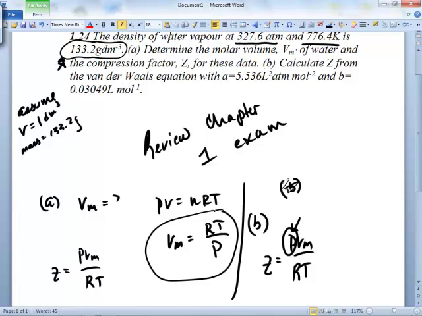They use the idea that it's water to get the answer in the back of the book.